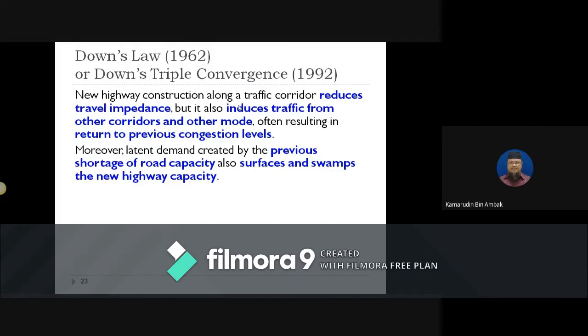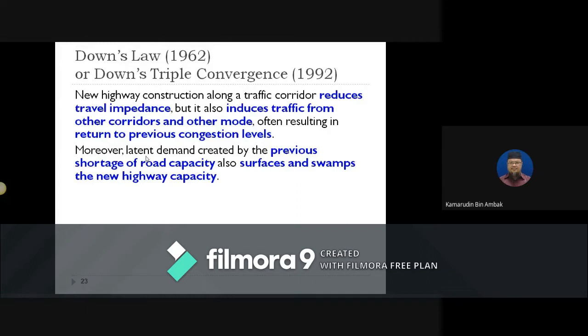So it's about a cycle, where one affects another. Moreover, latent demand created by the previous shortage of road capacity also surfaces and swarms to the new highway capacity.